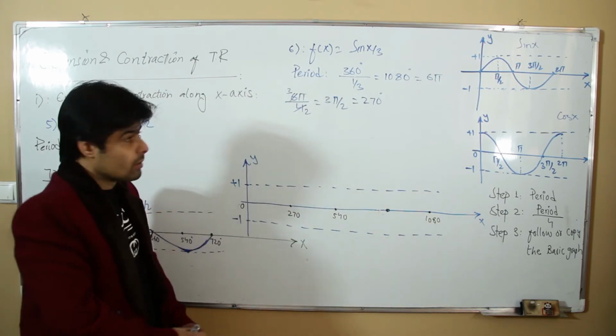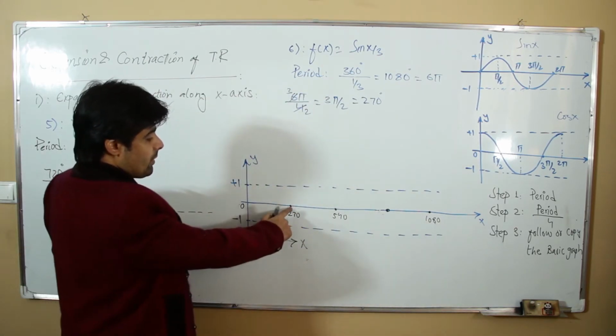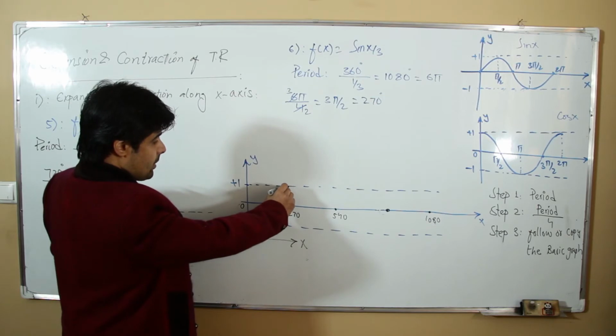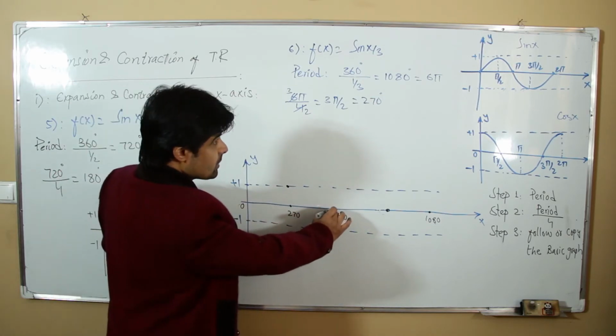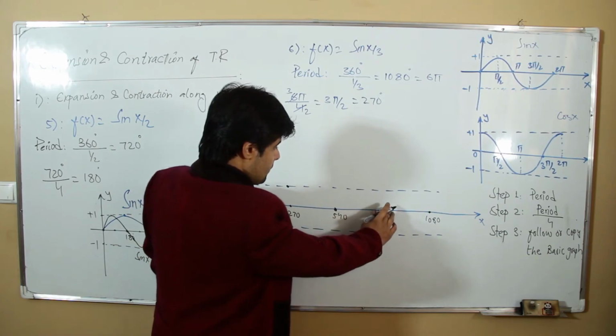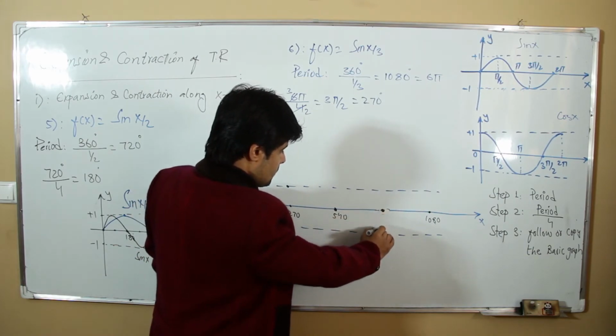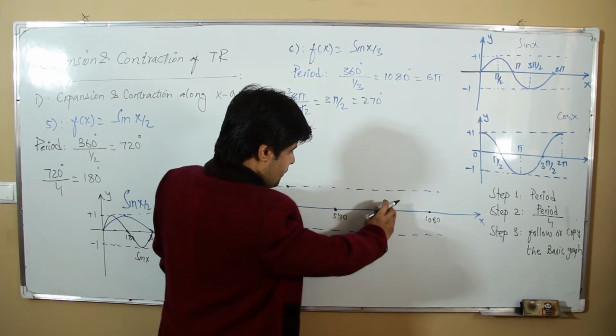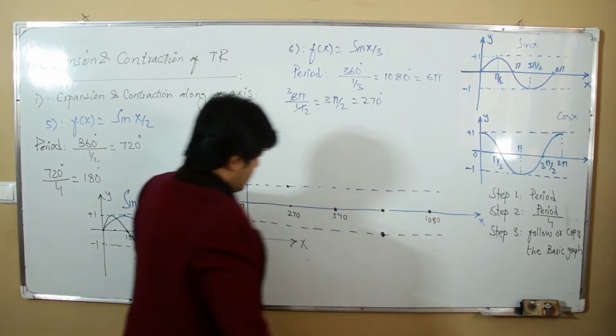Now, what do you think? The first one for sine, this is our maximum point. Then it crosses, the third one is our negative here, and the next one it crosses.